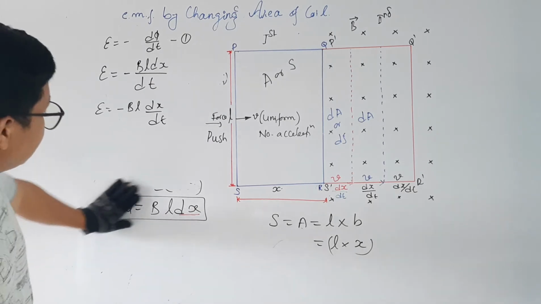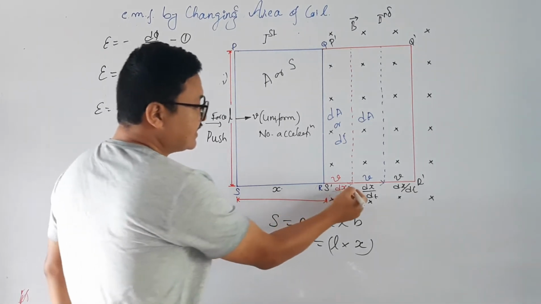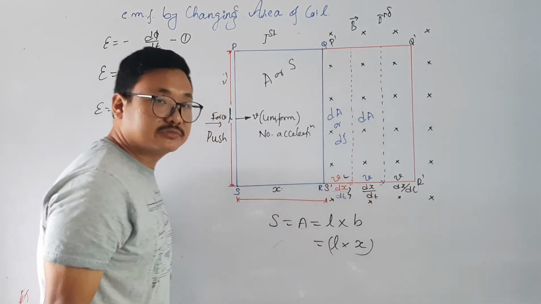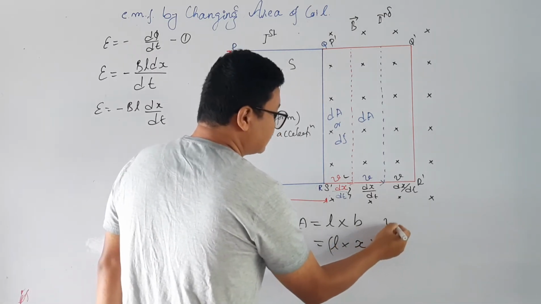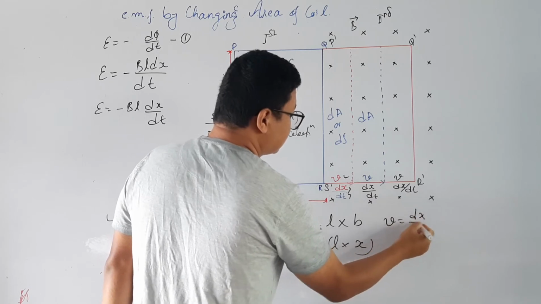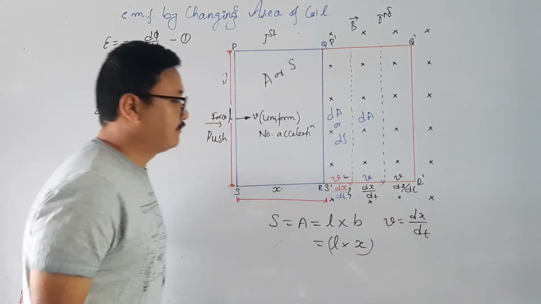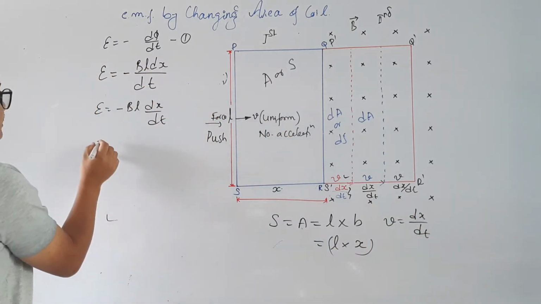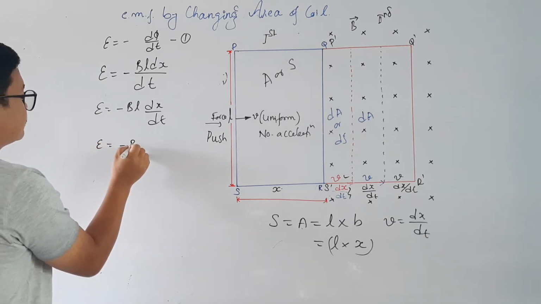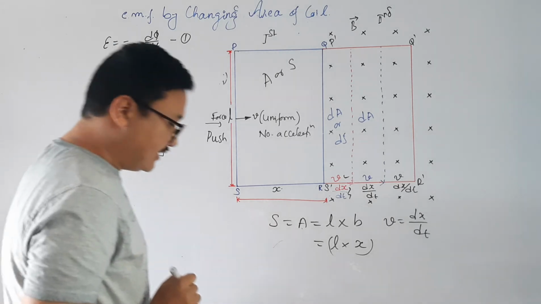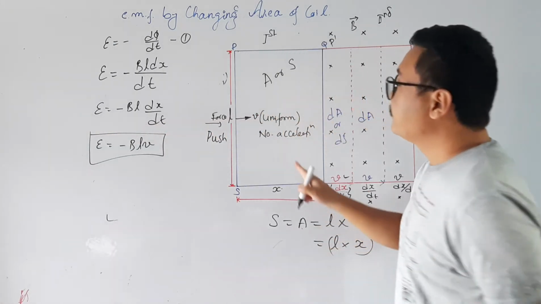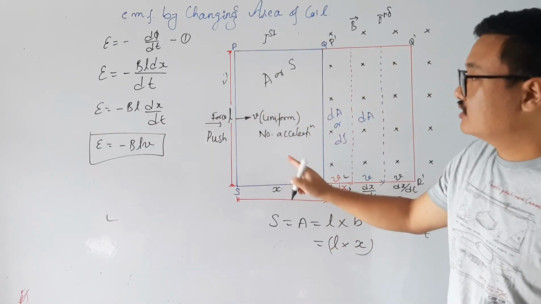So now what is dx by dt? Dx by dt is V. We know velocity is equal to rate of change of position, dx by dt. So this will be equal to minus BLV. This is the EMF induced by changing the area of this rectangular coil.